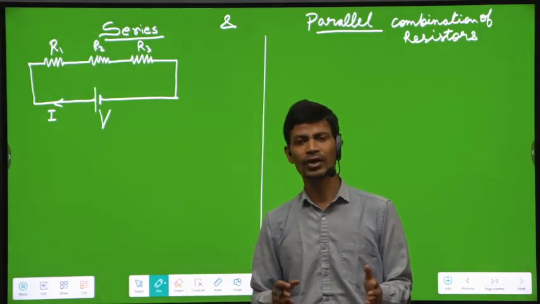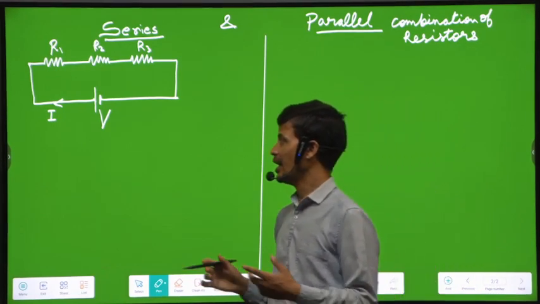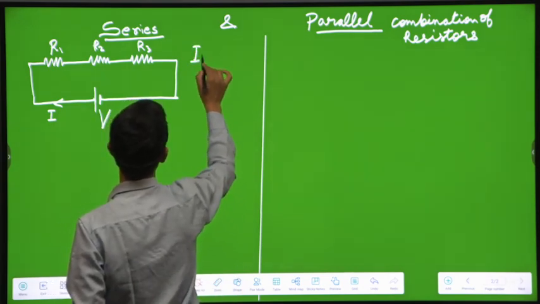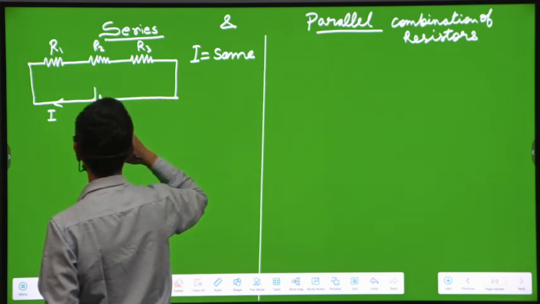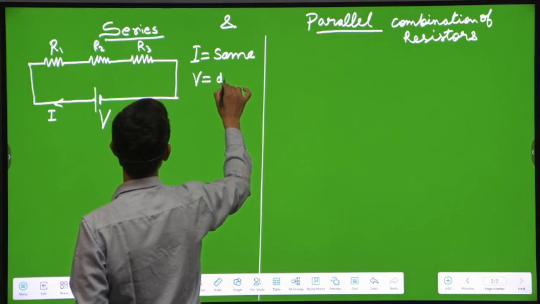For the flow of current, the path is the same, and hence current remains the same. So in series combination, current remains the same, whereas potential difference is different.